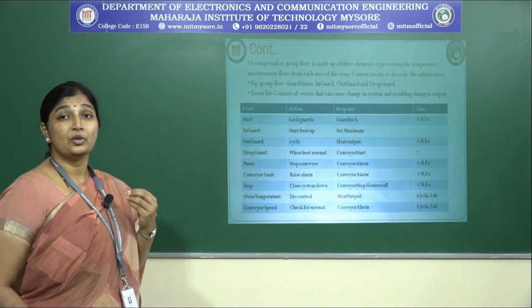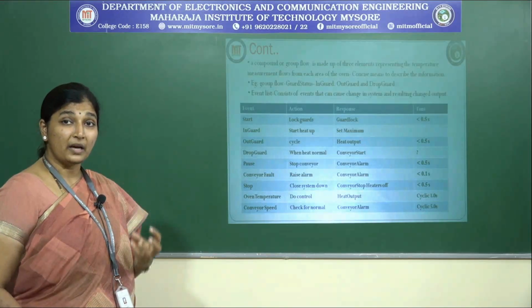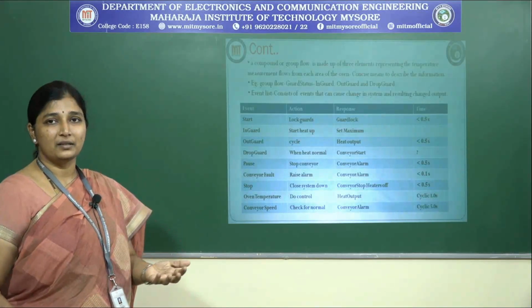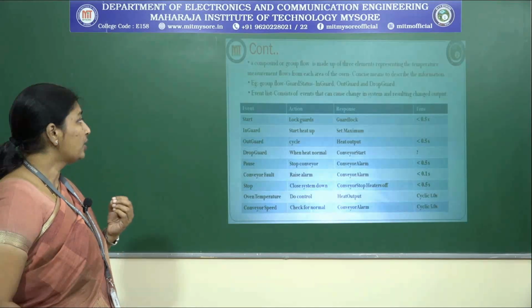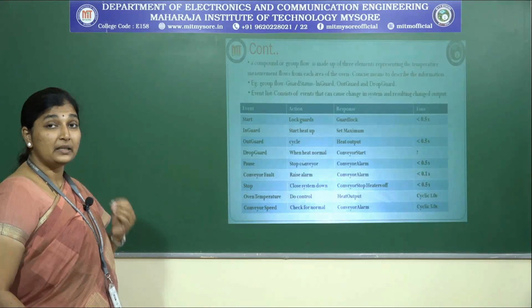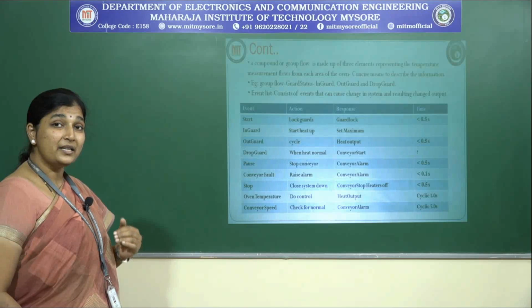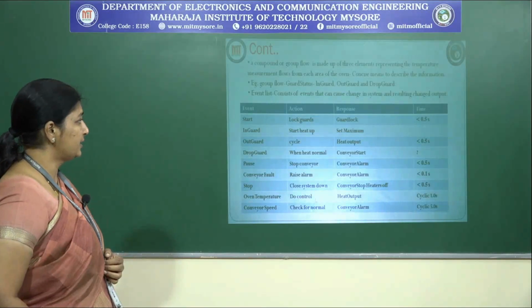If the alarm system does not pick up on a wrong conveyor action, the speed of the action, then the whole system will fail, which will have an erroneous result, which is an output, right? So we have to have the list of events, or I can say a crucial list of events, that could change the system operation, and that might lead to a variation in the output. So these are the event list.